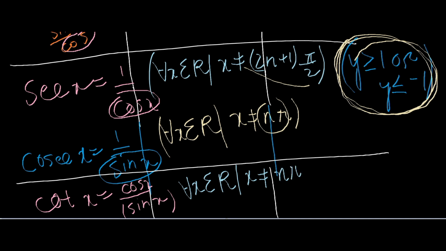It means that we can't put x as 0, we can't put 180, 360, and so on, because there would be a disaster. The function would be undefined, and we don't want it. And the range, the output, the dependent variable, is going to be all real numbers.